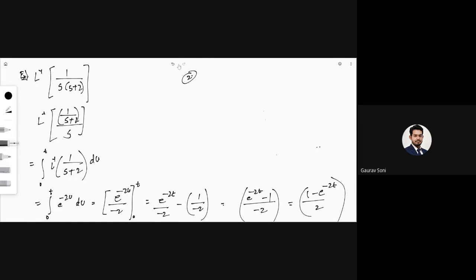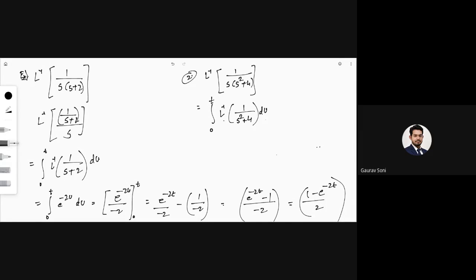Okay. So Laplace inverse of 1 upon s square plus 4. Again, there is 1 upon s. So for 1 upon s, what we do is integration 0 to t, and Laplace inverse of whatever is remaining after 1 upon s, which is 1 upon s square plus 4, du.